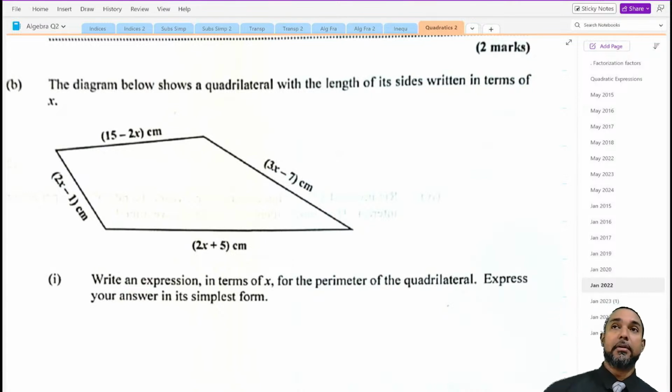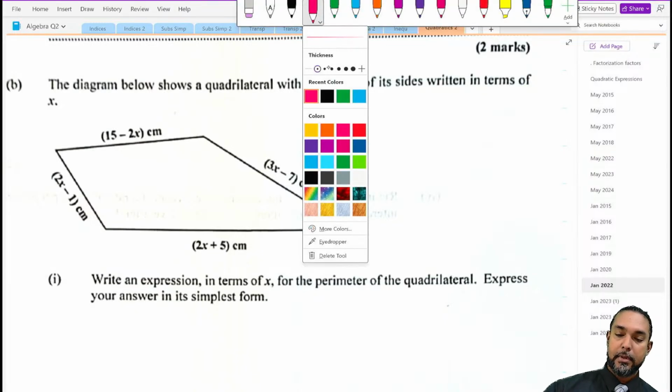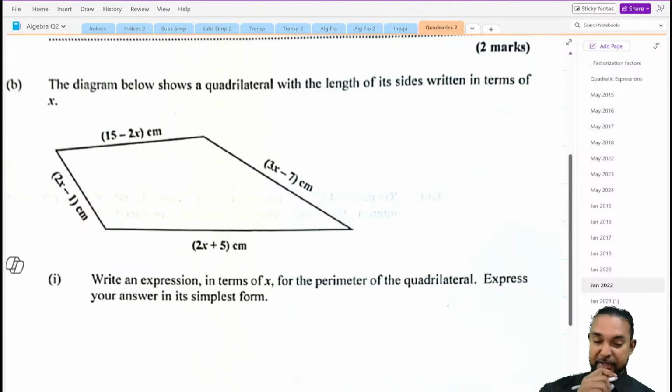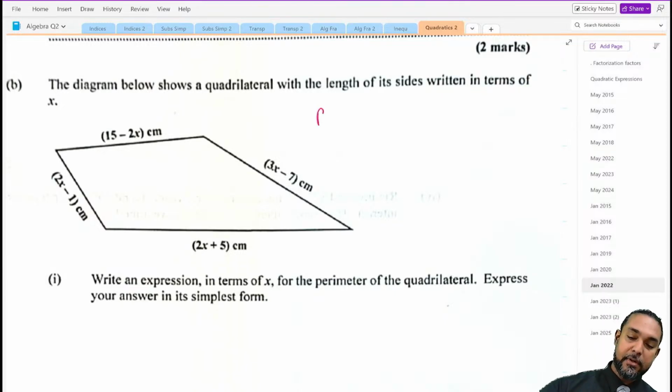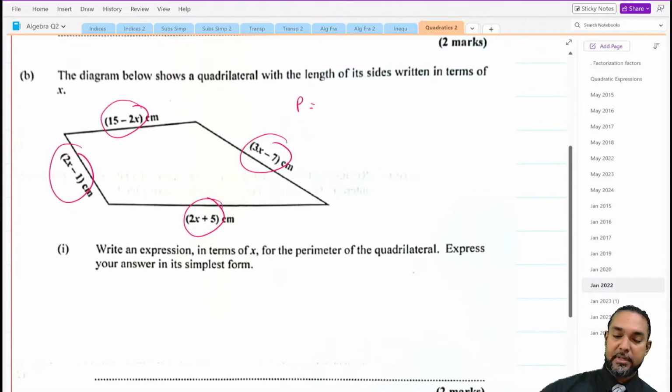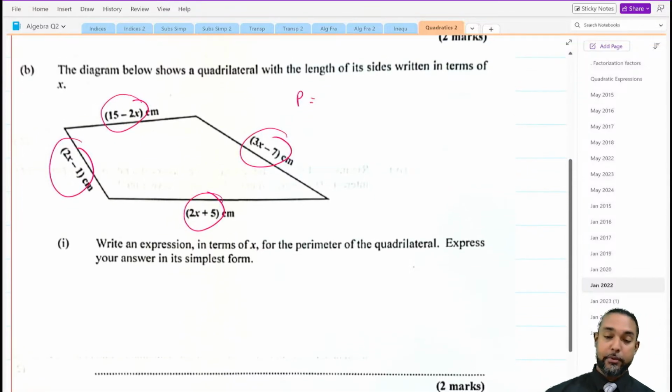Right, what does perimeter mean? The total distance around, right? So this plus this plus this plus this. So if they want an expression for the perimeter, all you have to do is put P for perimeter is equal to, and you'll put this plus that plus that plus that. All right? Let me start there. So it doesn't matter the sequence in which you put them, right?